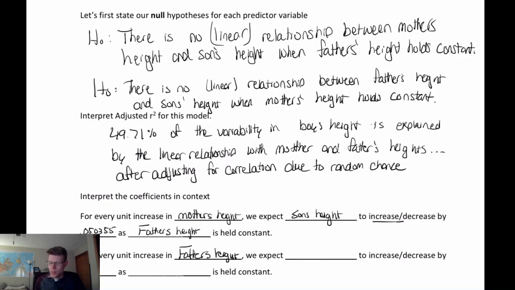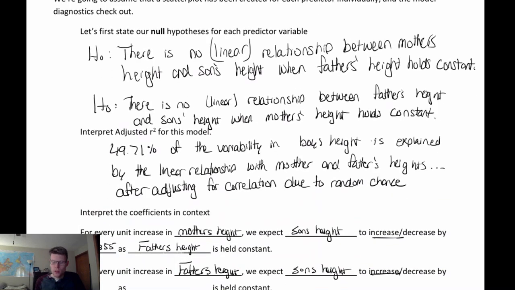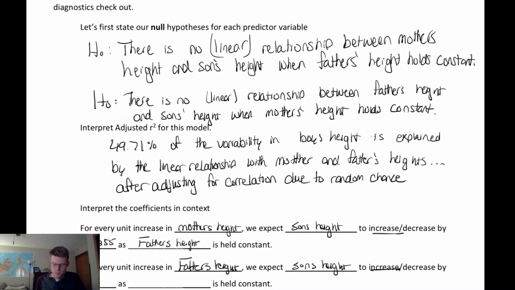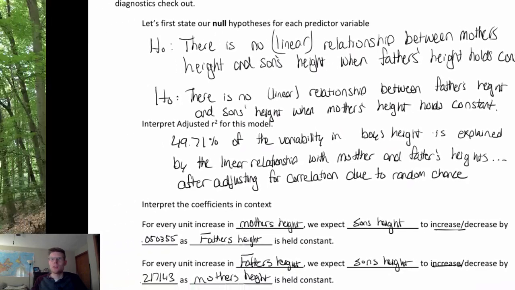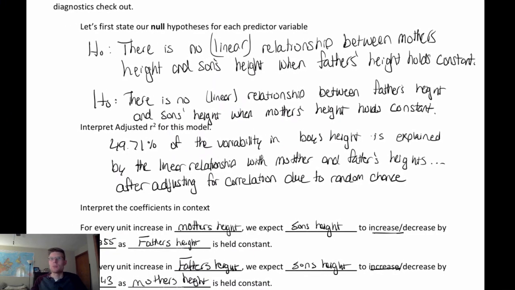And we're going to say we expect son's height to increase by 0.217 as mother's height is held constant. So if we're looking at mothers of the same height, but fathers of 1 maybe inch difference, then we're expecting son's height to be increasing or changing by this particular amount.